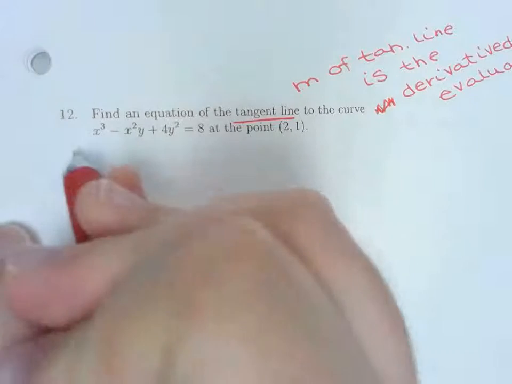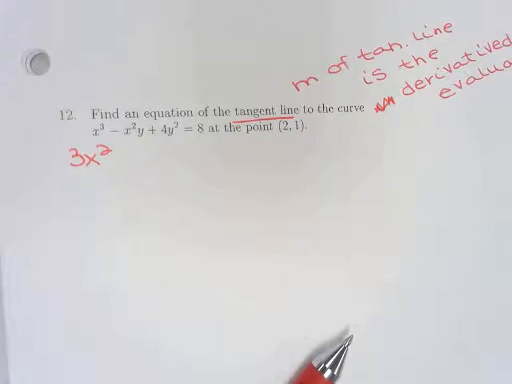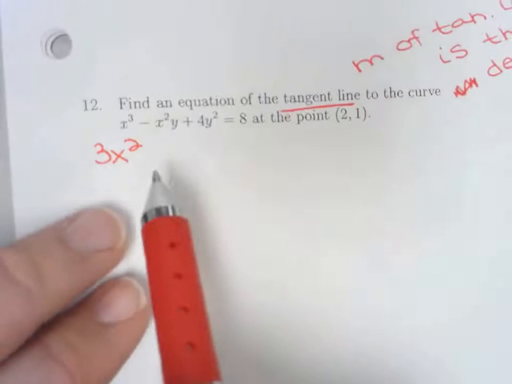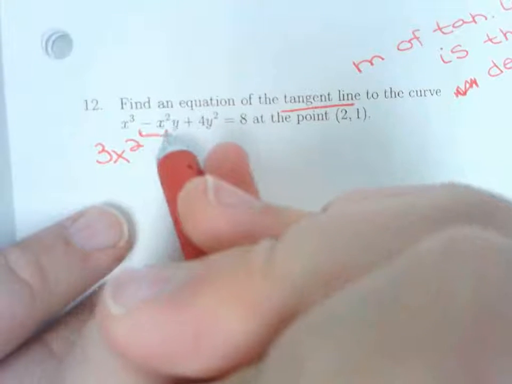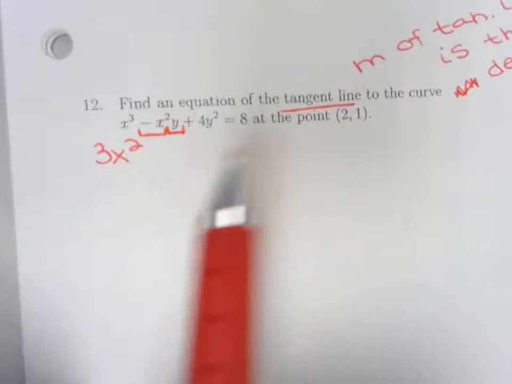So let's take the derivative. This is 3x squared. I do not put anything. I only put y prime when I take the derivative with respect to y. The next thing is going to end up being a product rule. I'm just going to throw the negative with the x squared instead of leaving it out front and distributing, just put it with the first part, negative x squared.